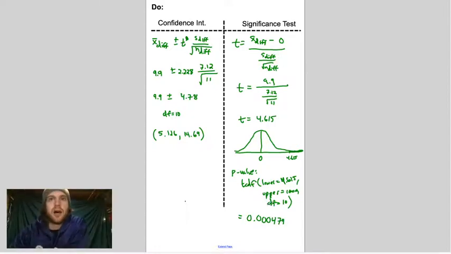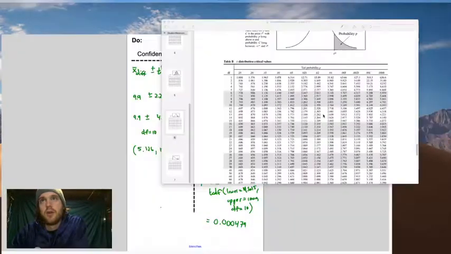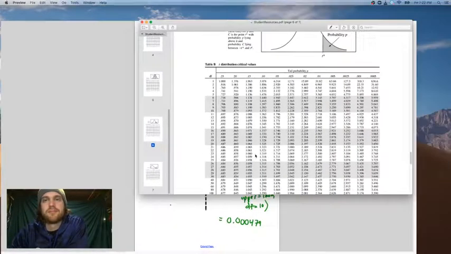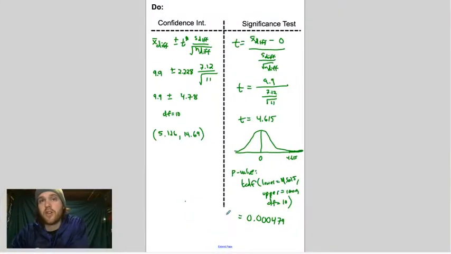Okay, let's see if we can find something similar on the table. So looking to the right of 4.615 with 10 degrees of freedom, 4.615 falls in between here, so we get something in between those two values for our p-value, both of which are less than alpha, so we're in good shape. So let's wrap up our results.